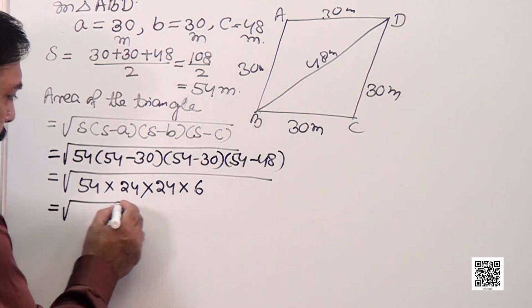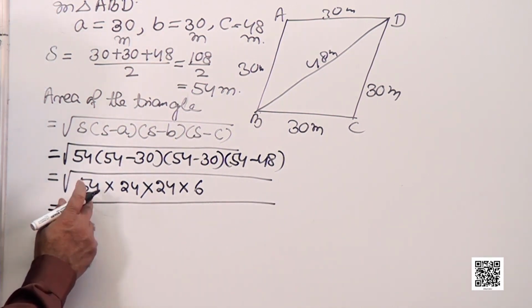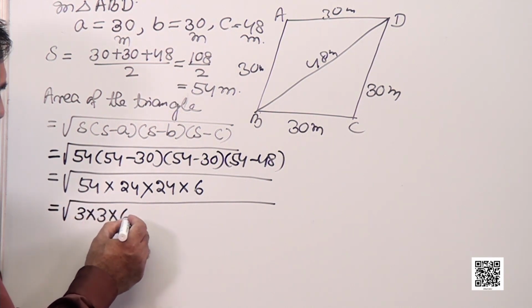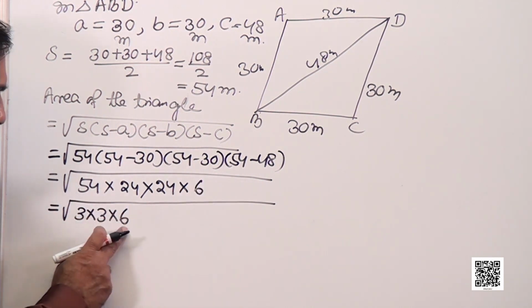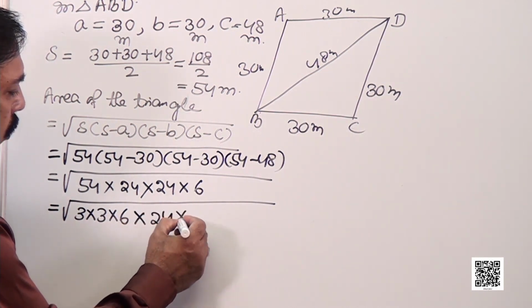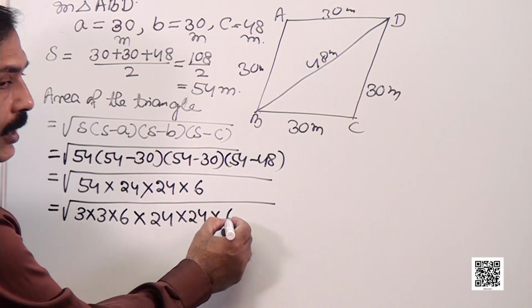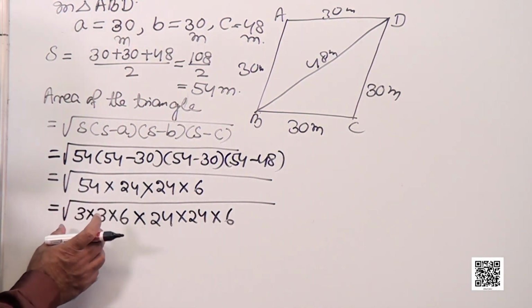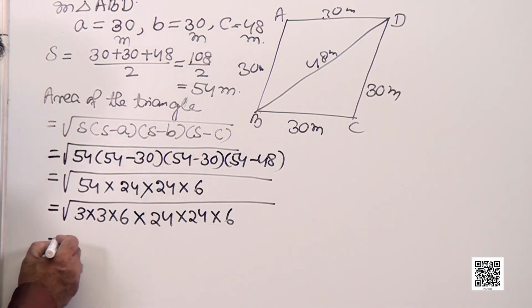Now see, this 54 can be written as 3 into 3 into 6. As one 6 is there, we can take this as 6. Then 24 into 24 into 6. Now for a pair of numbers, we can take one for the square root.